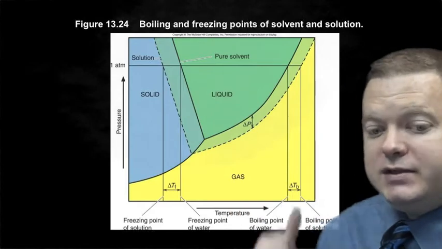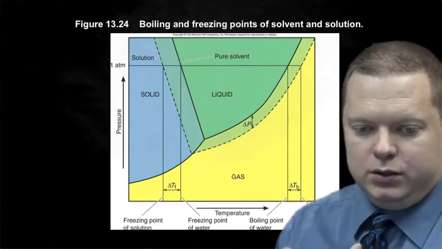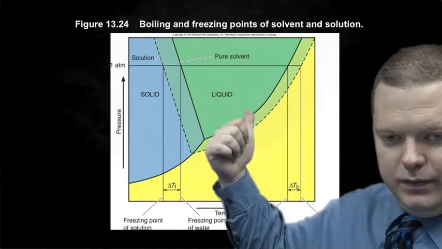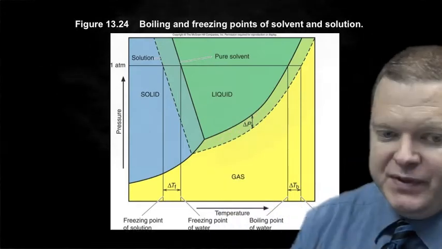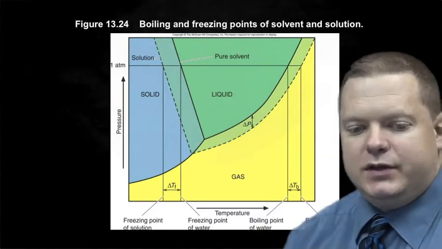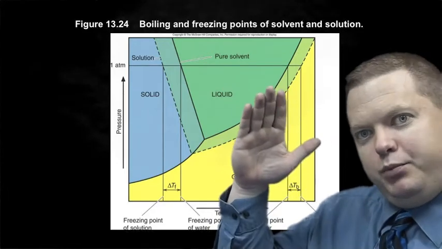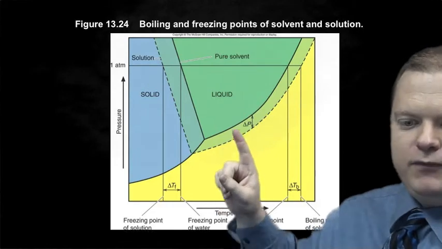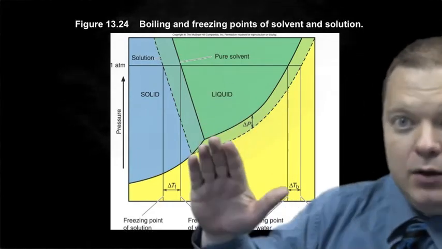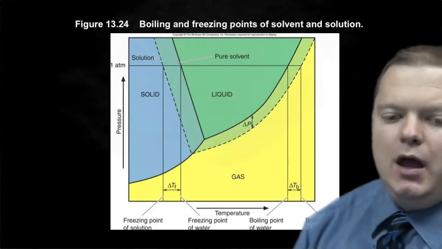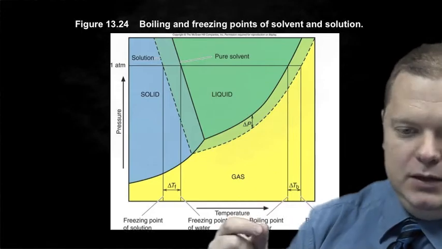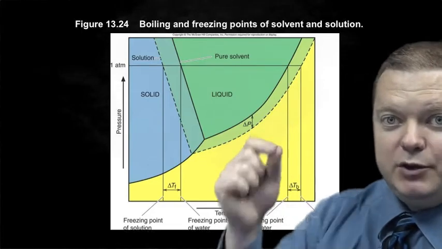So if we look at our phase diagram for water, the pure solvent is the solid line, and a solution is the dotted line. It's bringing the fusion point down. We're lowering the point of melting, so that freezing point is being depressed, it's going down.